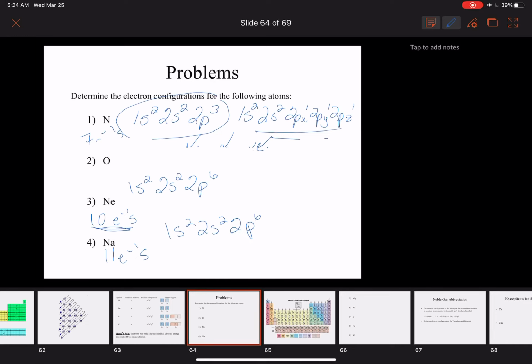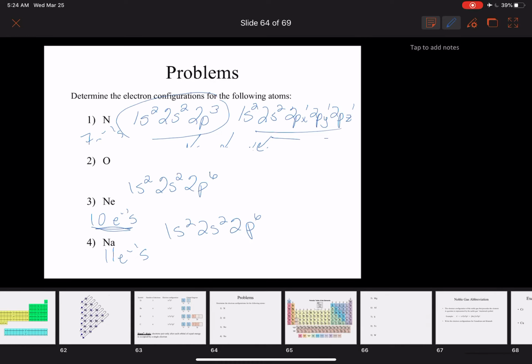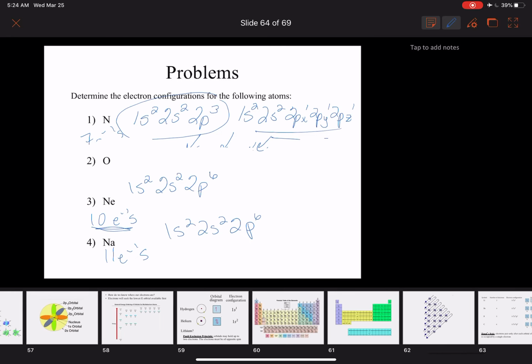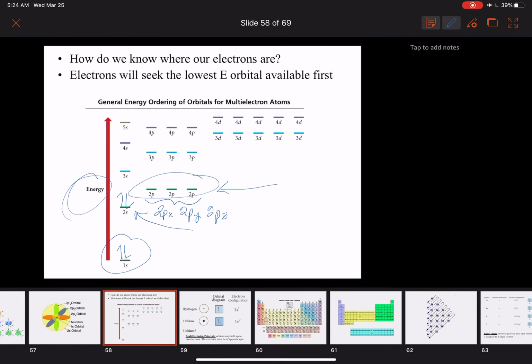Well, there's a few different ways that we can look at this. The first one is we can take a look at the energy diagram, and we can see, okay, after I fill up my 2p's, the next one is the 3s.